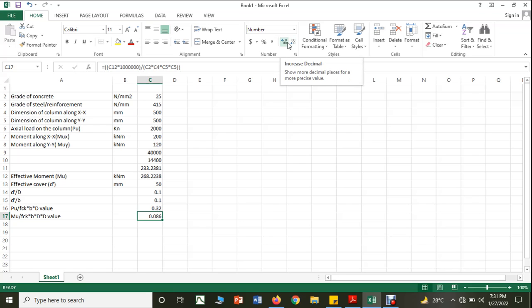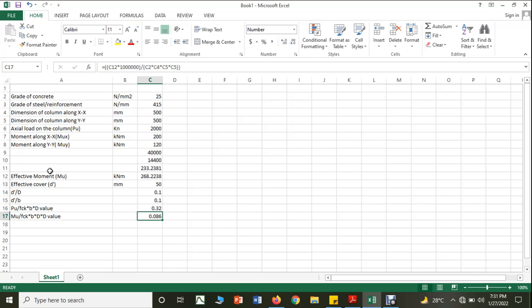So now from the chart of d dash by D and from Pu by fck bD and Mu by fck bD square, since it acts as a uniaxially loaded column, based on in which direction the column is going to bend, you are supposed to take d dash accordingly.